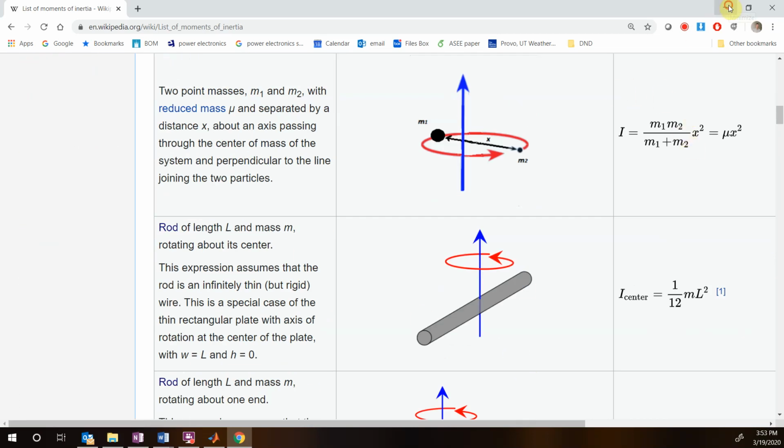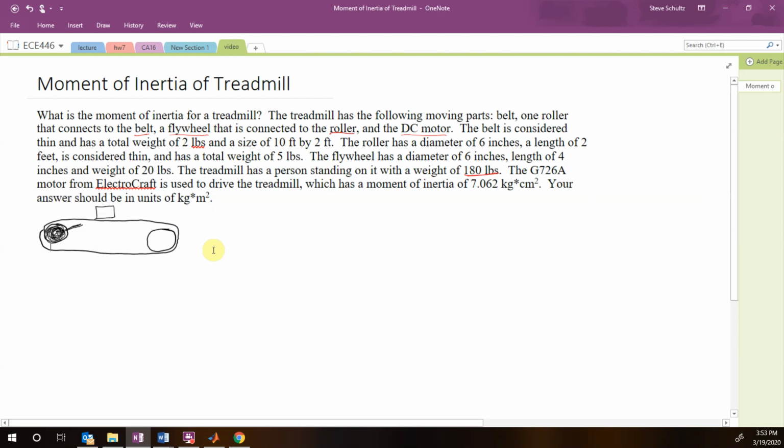So if I go back to here, let's start with the belt. The belt is going to be the mass of the belt times r squared, where the r for all of these is going to be defined by the diameter. You see the roller has a diameter of 6 inches.